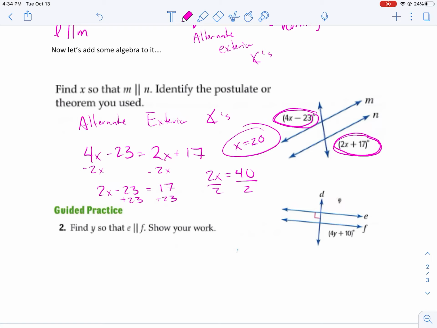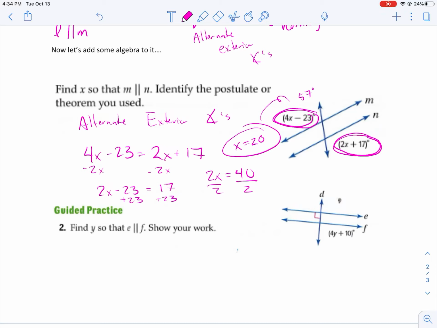All right, let's plug it in up here. We got 4 times 20, which is 80, minus 20 will give me 57. It doesn't look like 57 degrees, but again, this is just the picture here.